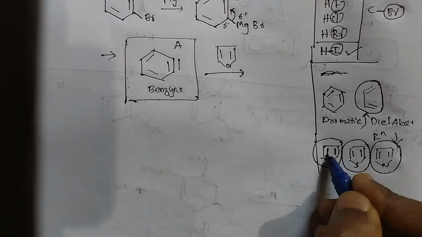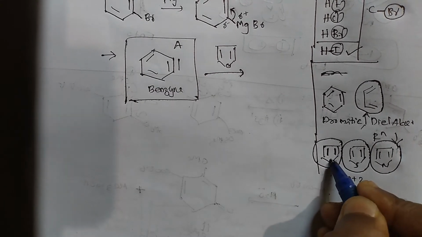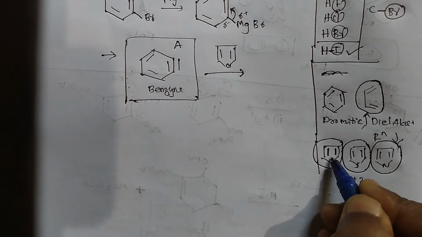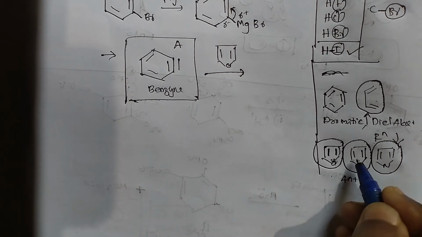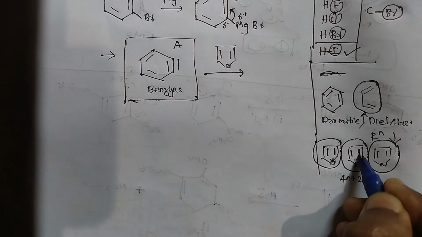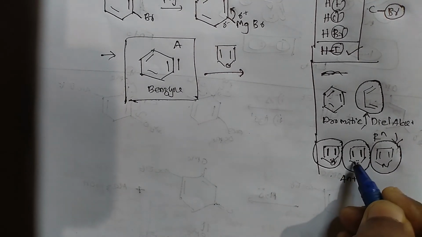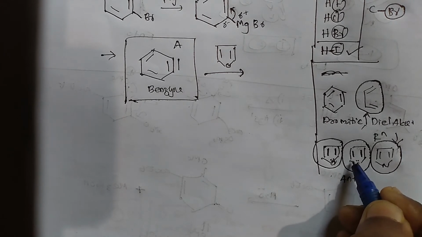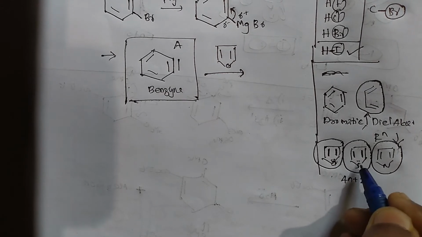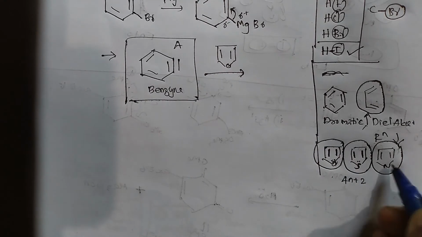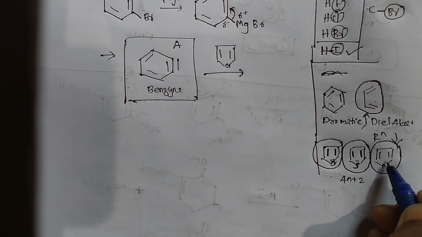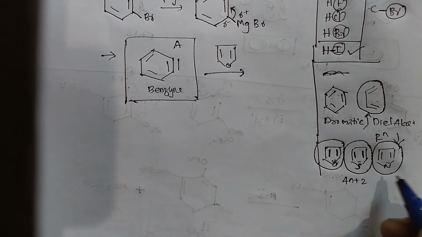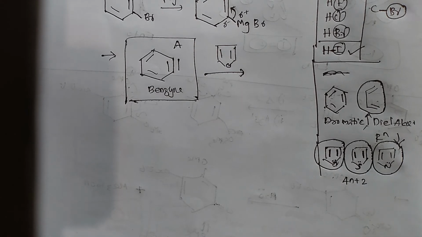So in this case there are 4 pi electrons, and the lone pair of oxygen will also be taken here, and there will be 6 pi electrons. Here there are 4 pi electrons, and the lone pair of sulfur is included in resonance, and it will lead to formation of an aromatic heterocyclic ring. There is also a lone pair in this nitrogen containing heterocycle, and it is also aromatic in nature.